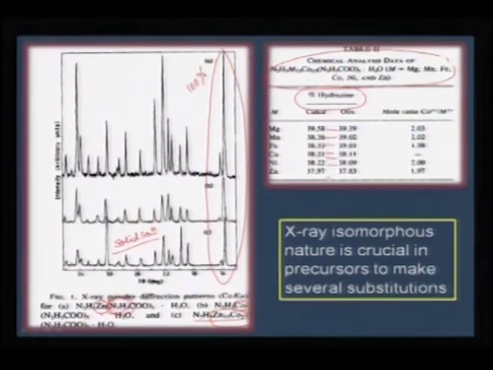For example, I am talking about this N2H3. So, essentially you can make a solid solution by combining a stoichiometric amount of any metal and cobalt. So, the buzzword here is they are X-ray isomorphous. In other words, they are similar in their crystal structure. Therefore, this is crucial in precursors to make several substitutions.